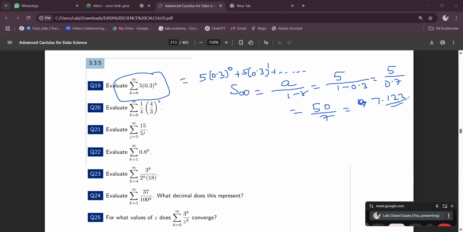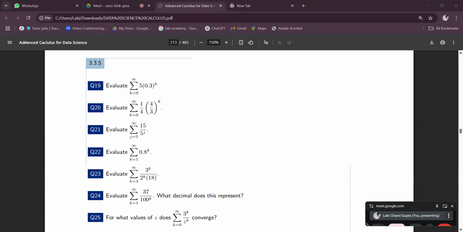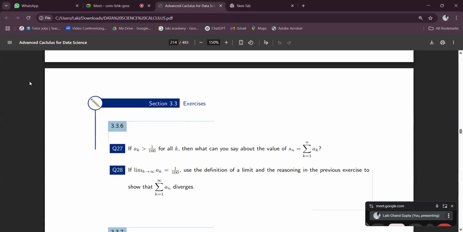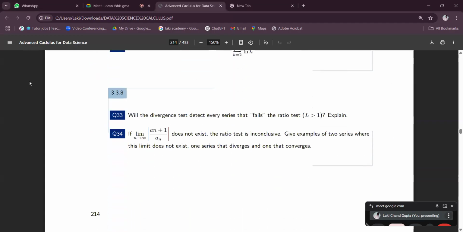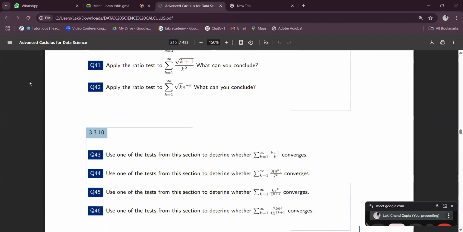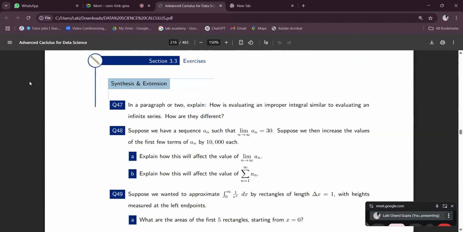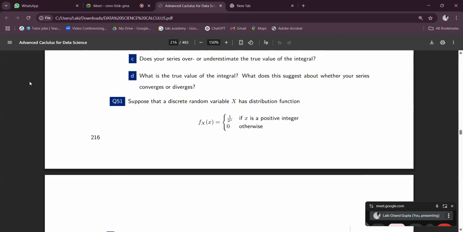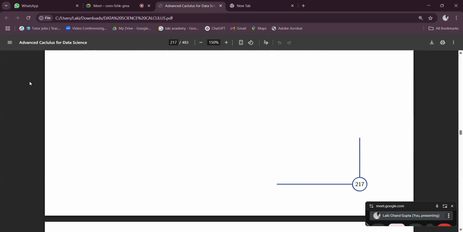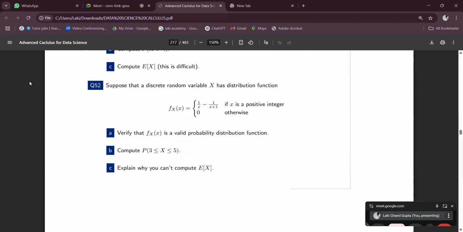Its value you will get is 7.123. Any question you can do, these all depend on geometric series.